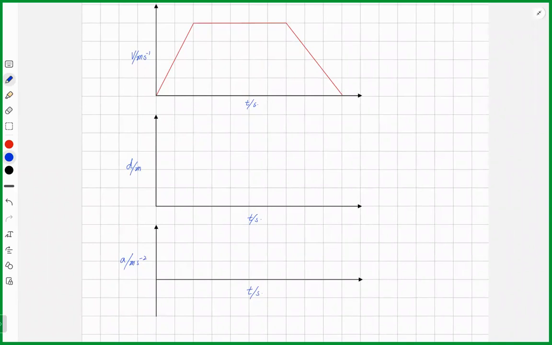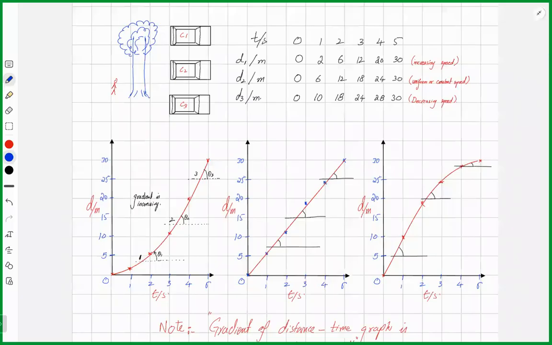an acceleration time graph. How many of you want to give it a try by yourself? Anyone? We have already done this, the distance time graph for increasing speed, constant speed, and decreasing speed should look like this. This is our previous lesson where we sketched these graphs.